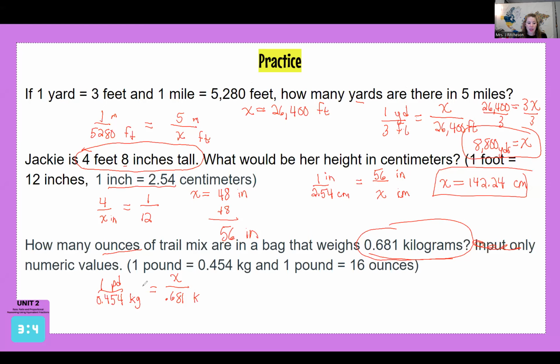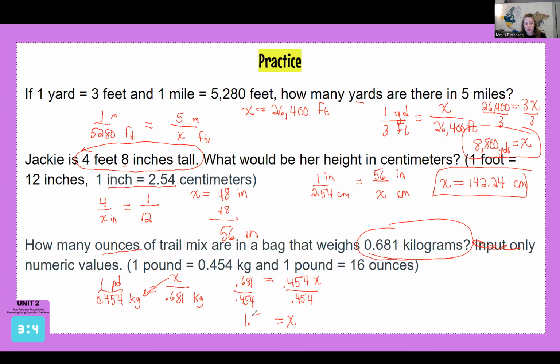So we're going to cross multiply. 1 times 0.681 is 0.681, is equal to x times 0.454, which is 0.454x. And now to get x by itself, we're going to divide both sides by 0.454. When we divide that in our calculators, 0.681 divided by 0.454, we get 1.5.